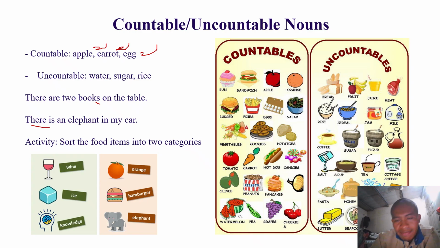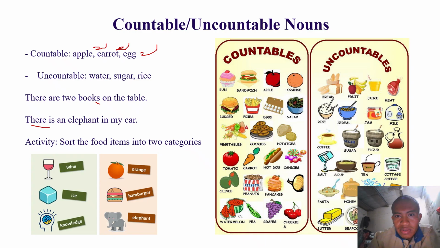There is an elephant in my car. This is incredible. An elephant cannot fit into the car. So this is an exaggeration. It's an exaggeration that's not true, but the sentence is really useful.